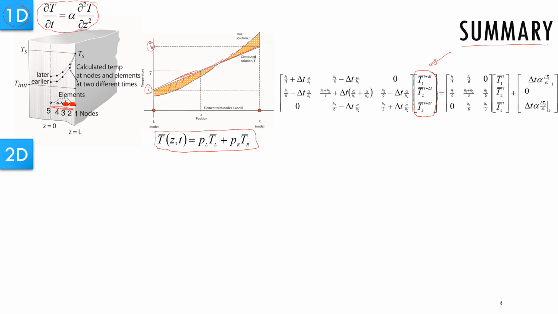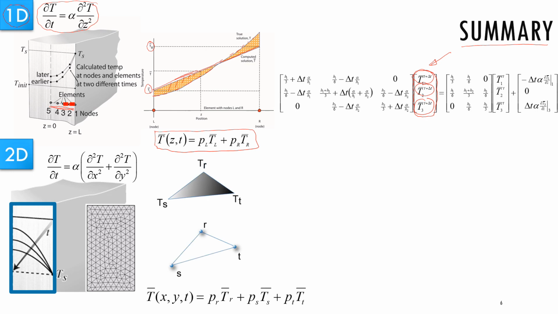What it's showing here is for these 2 elements. For 2 elements we have 3 unknowns, and for 3 unknowns we have 3 algebraic equations, and we solved. The process for 2D is exactly the same: we start from a 2D governing equation over a 2D domain that we break up into triangles.